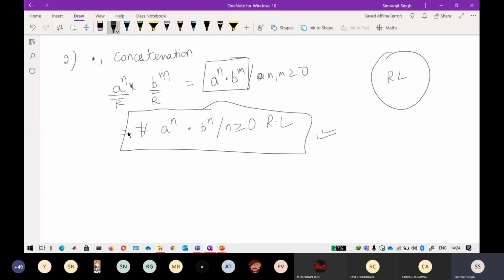Now the third property is your Kleene closure. Kleene closure is again already closed, so I can take any language. If I take this regular expression and raise it to the power of star, this one is again closed and again a regular language. Why I am telling you this property, I will tell you at a later part by giving you some questions about the significance of this property.